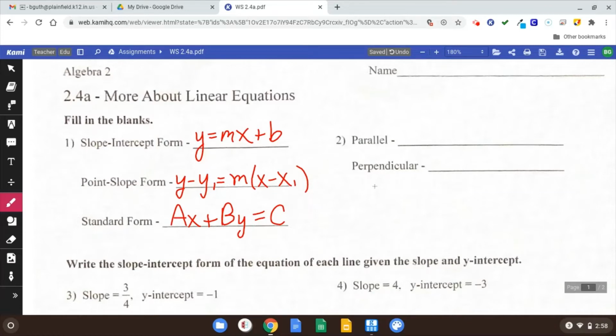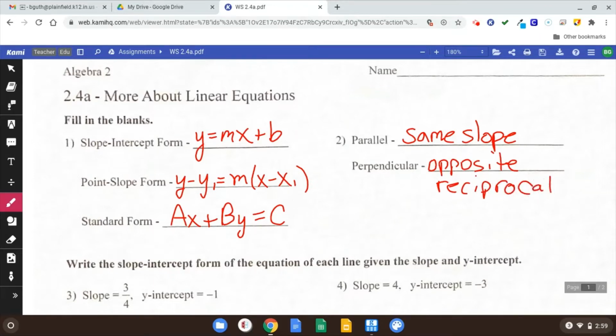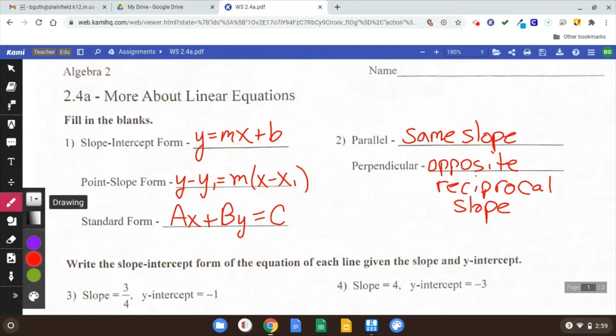When we get to parallel, parallel means same slope. Perpendicular means opposite reciprocal slope. And what that means is this.